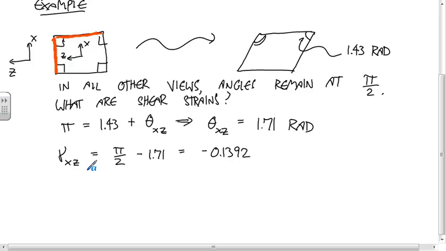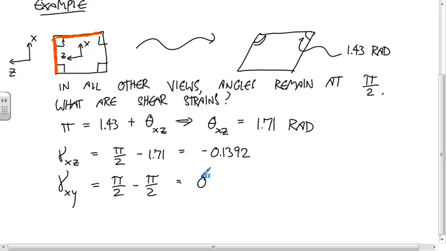Now in the other view, if you looked at the view where you could see the x and y axes, those all remain right angles. So you have shear strain xy equal to pi over 2 minus theta xy, which would also be pi over 2.